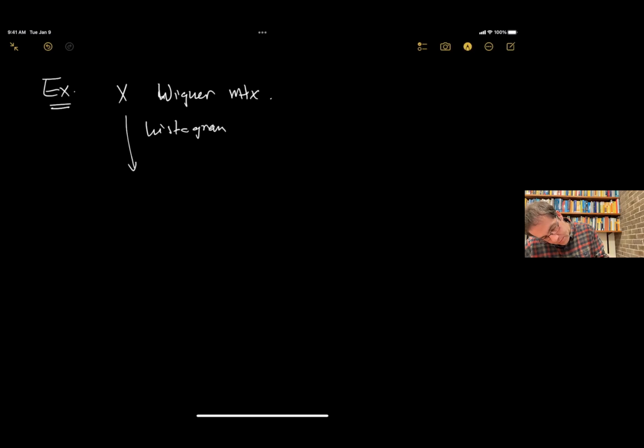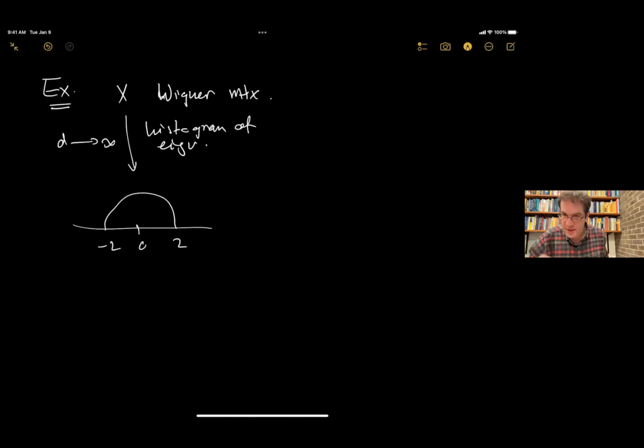So just to give you an example, right? If X is a Wigner matrix, then we know that the histogram of the eigenvalues converges as the dimension goes to infinity to the semicircle, right? This is the most basic result, let's say, in random matrix theory, right? So if I take a limit as the dimension goes to infinity, then the spectrum looks more and more like the semicircle.